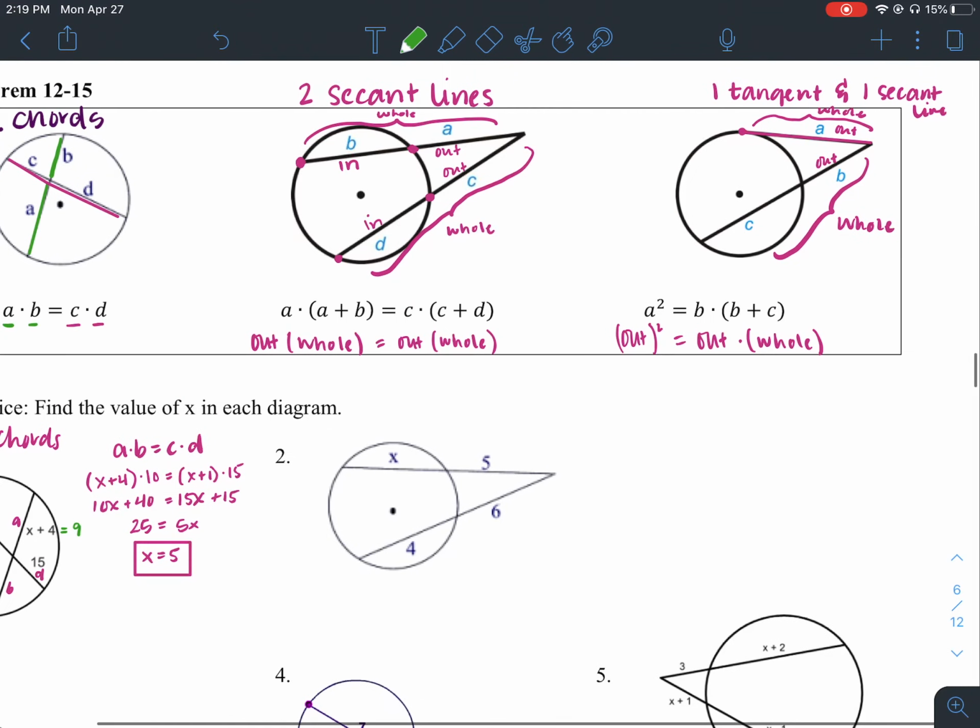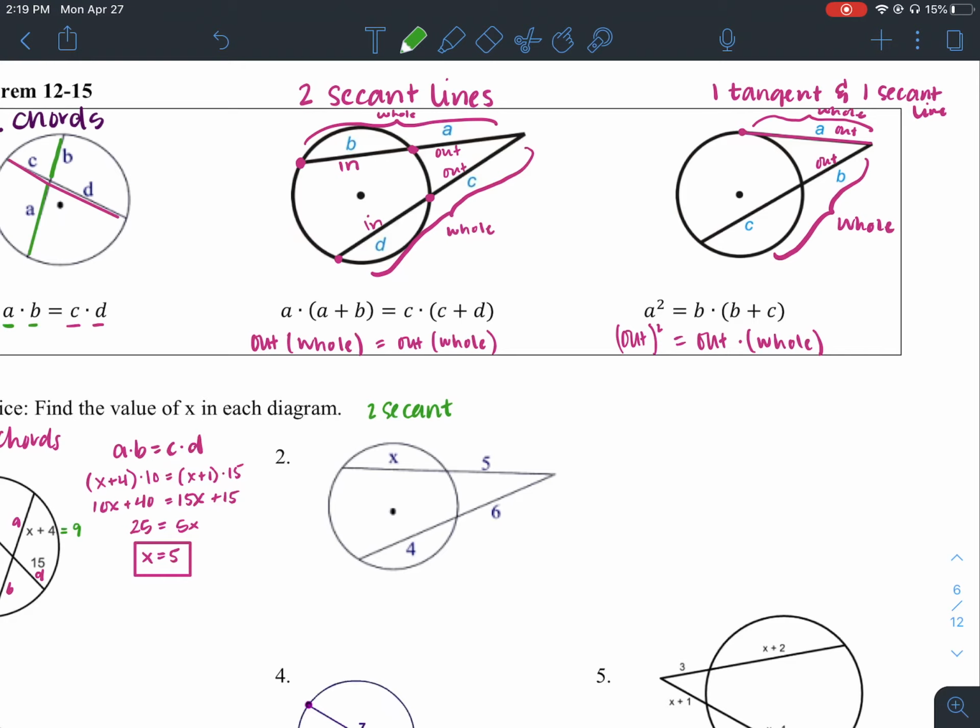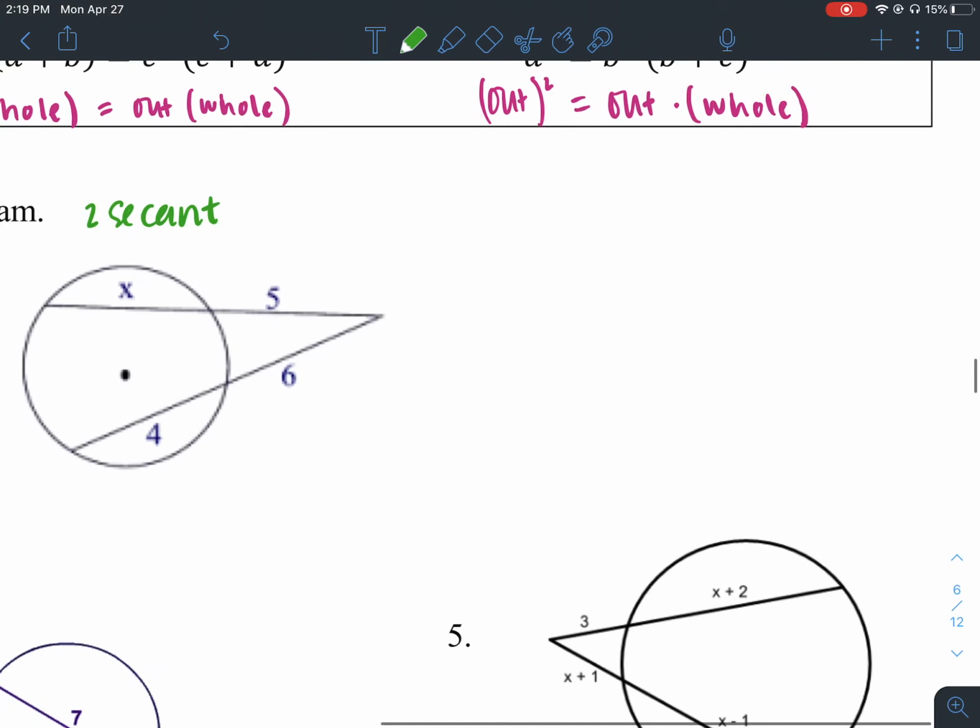Second example, you can see this looks like our second picture in the middle of theorem 12.15. This is two secant lines. So when I do this, I can look at A times A plus B or B times whatever, but I like to just think of this as the outside times the whole segment equals the outside times the whole segment.